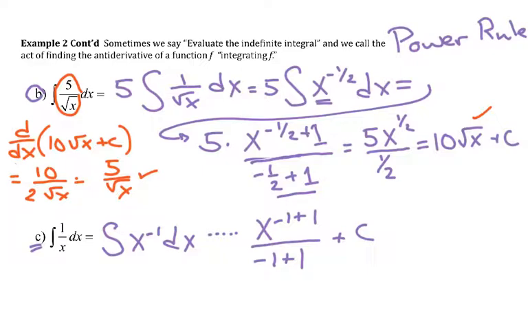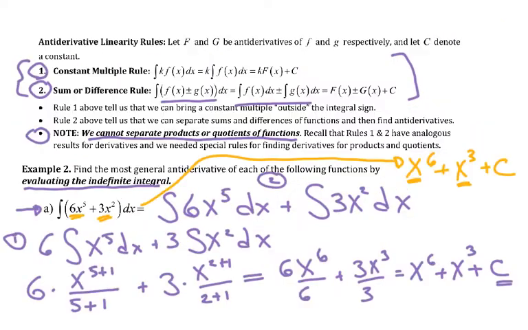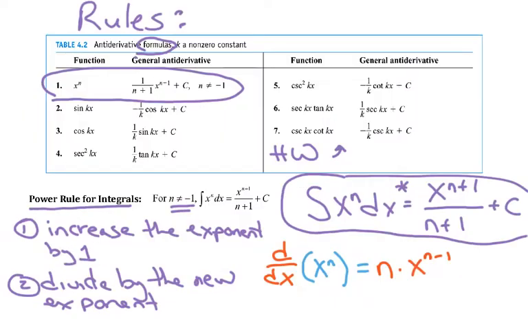And hopefully you can see there's a problem here, because I end up with x to the 0 over 0 plus c, and this is nonsense. That is not correct. So that's why in our power rule we have this for n not equal to negative 1.